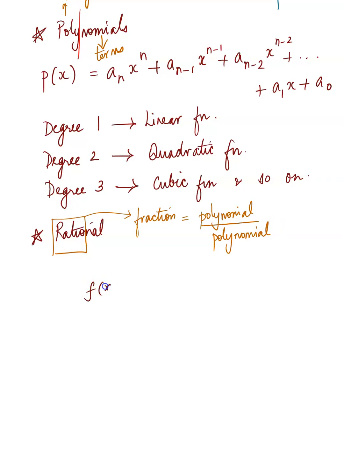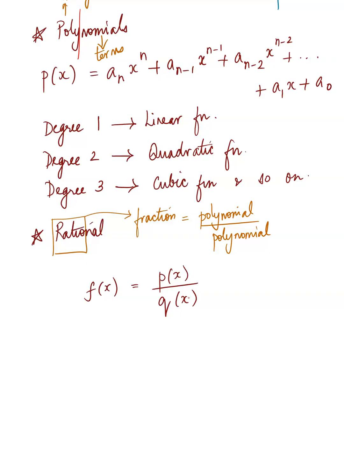So your function, a rational function, f of x, would be actually a ratio of two polynomials. So remember that. And because you now have an x in the denominator, x is a variable, so it can vary and take any value. And we have to be careful to figure out for what value of x the denominator becomes 0.